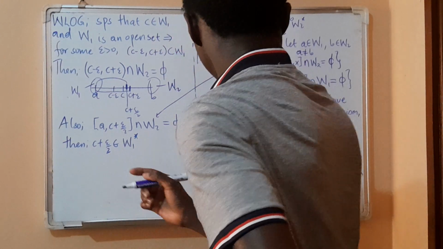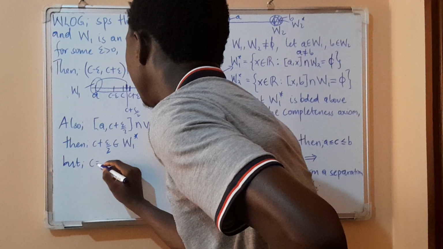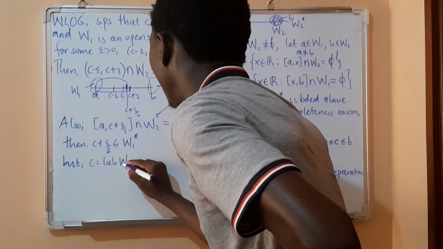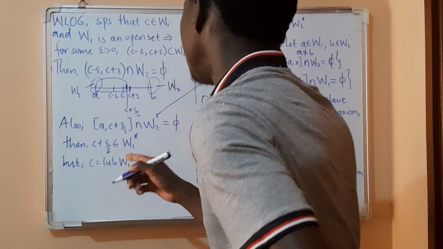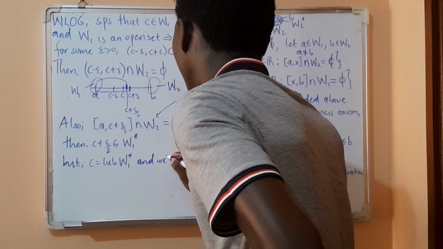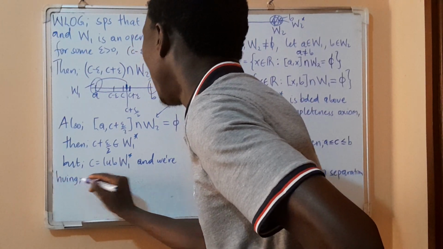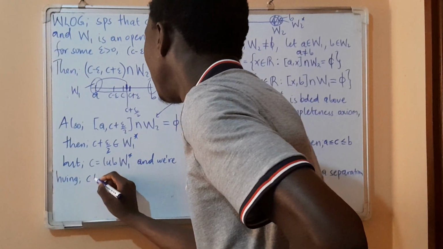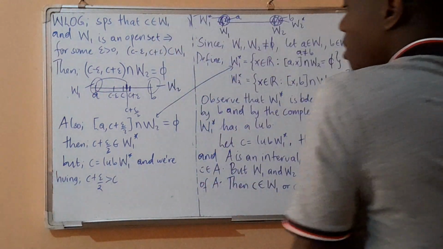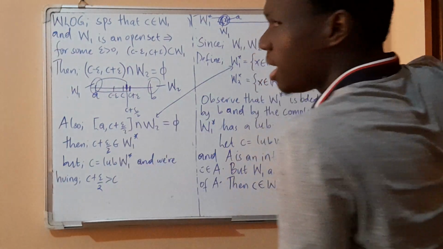But what can we observe? We said that C is the least upper bound of W1 star, and we are having C plus epsilon over 2 greater than C. C is the least upper bound, but we are having an element in the set which is greater than the least upper bound.